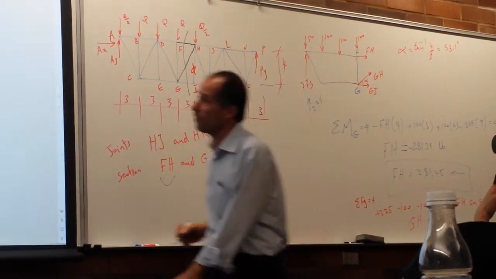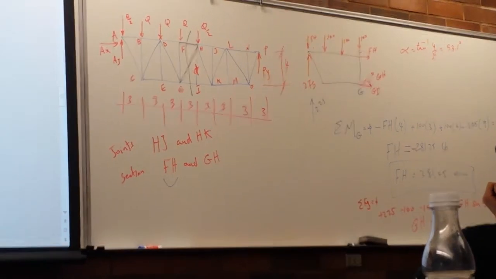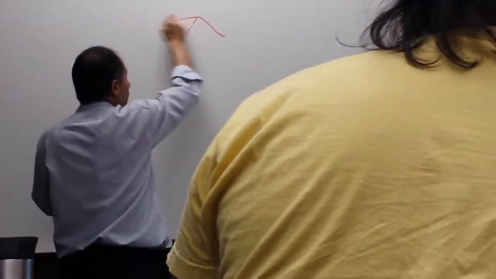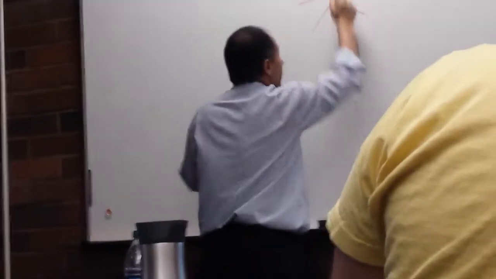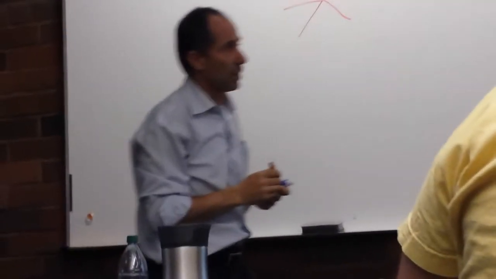Joint H, I have, start with H. H is 1 here, 1 here, 1 here, 1 here, and this one is 0. Correct? Let me see what we have in here.